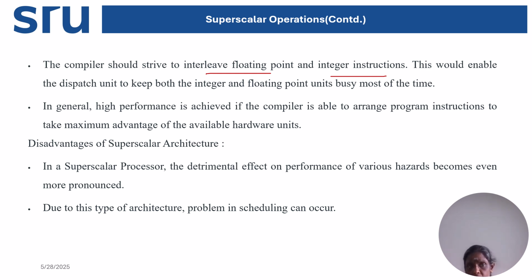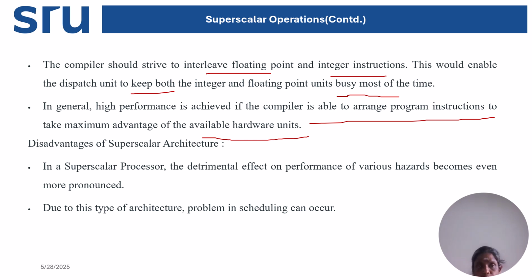This would enable the dispatch unit to keep both the integer and floating point units busy most of the time. In general, high performance is achieved if the compiler is able to arrange program instructions to take maximum advantage of the available hardware units. So in this case, due to the multiple processing elements, we can achieve high performance.